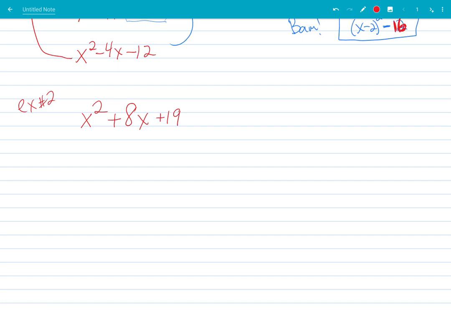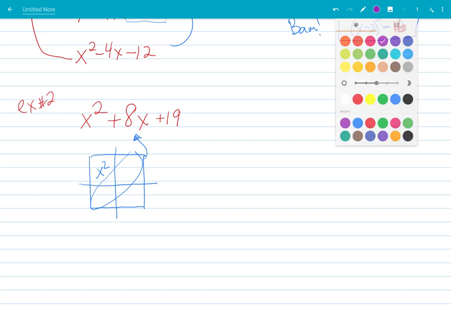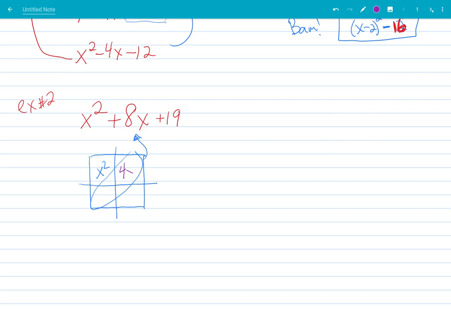All right, so let's make our twins. We want twins because vertex form has twins. So we're going to have x squared here. Now these two have to add up to 8, and they're twins. So what number are they? 4x and 4x.